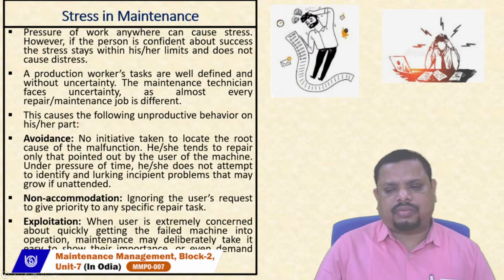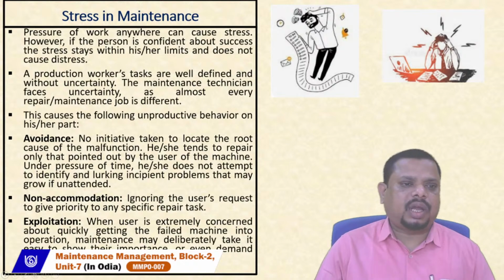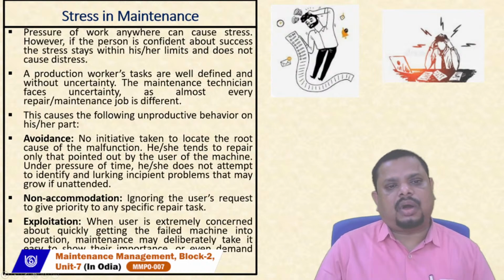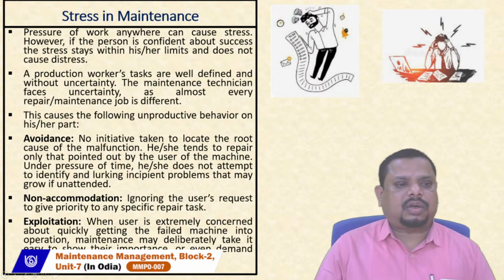The first point: the pressure of work anywhere can cause stress. However, if the person is confident about success, the stress stays within his or her limits and does not cause distress.